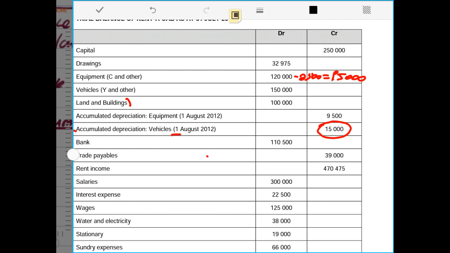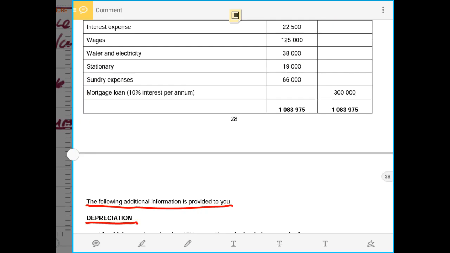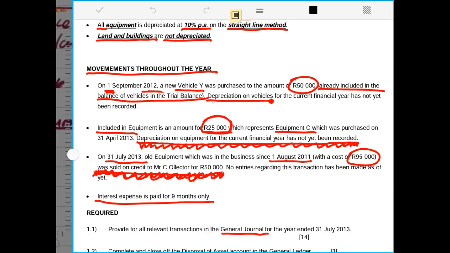So now on the 1st of August 2012, motor vehicle Y was not yet there, and we are told that the depreciation for the current accounting period has not yet been recorded. Where do I get that? It's from this adjustment. They said depreciation for the current year on vehicles has not yet been accounted for.